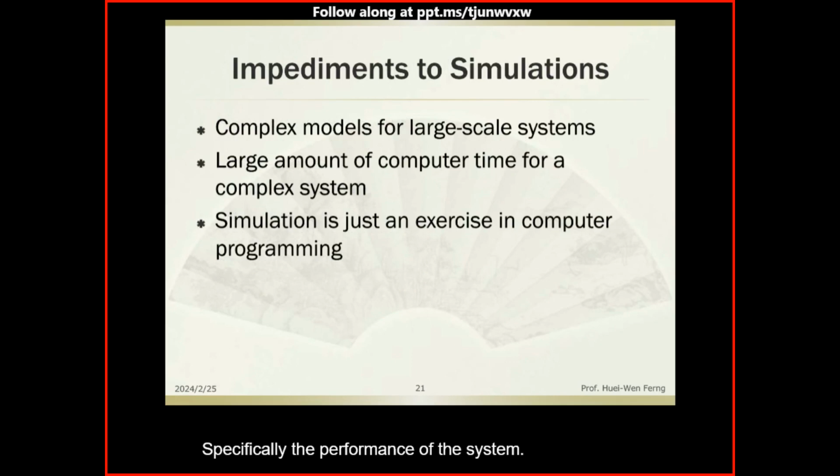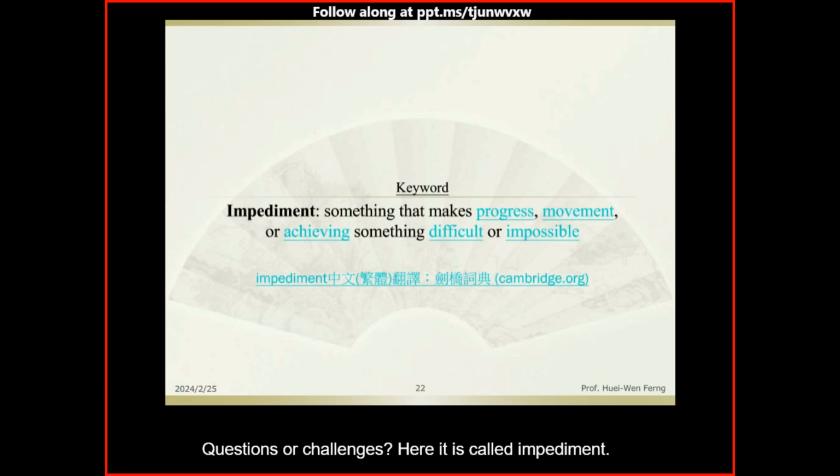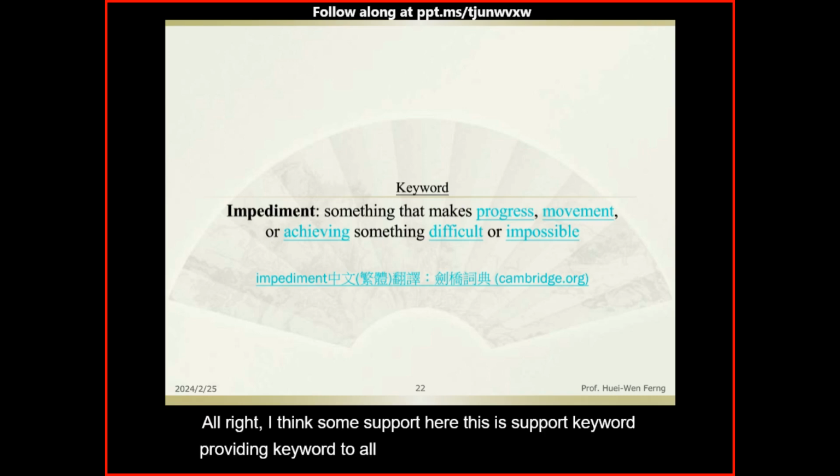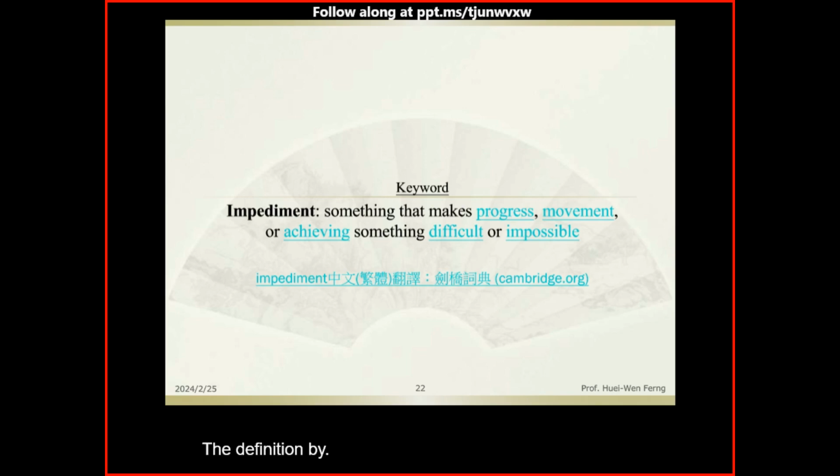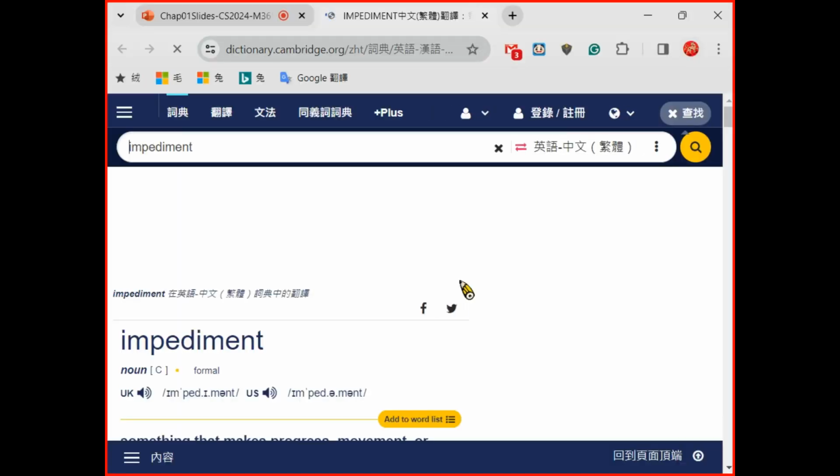Using simulation, sometimes you may have some questions or challenges. This is called an impediment. I think some support here: this is a keyword, provided to all of you. Impediment, this one. This is the definition by the terms here.